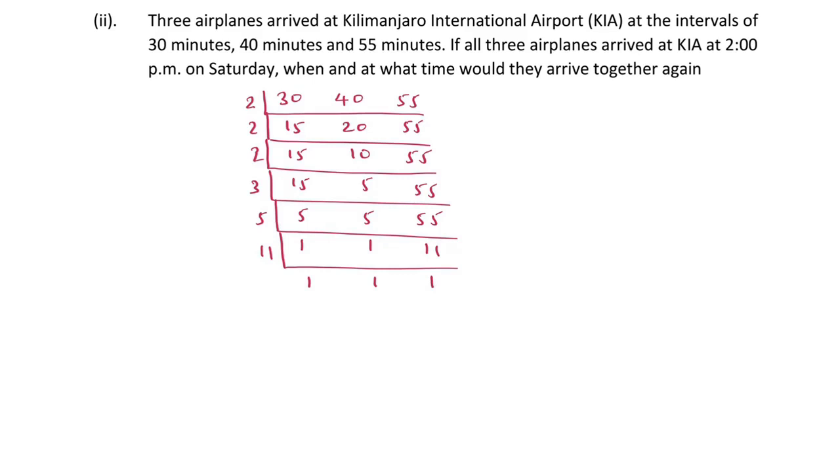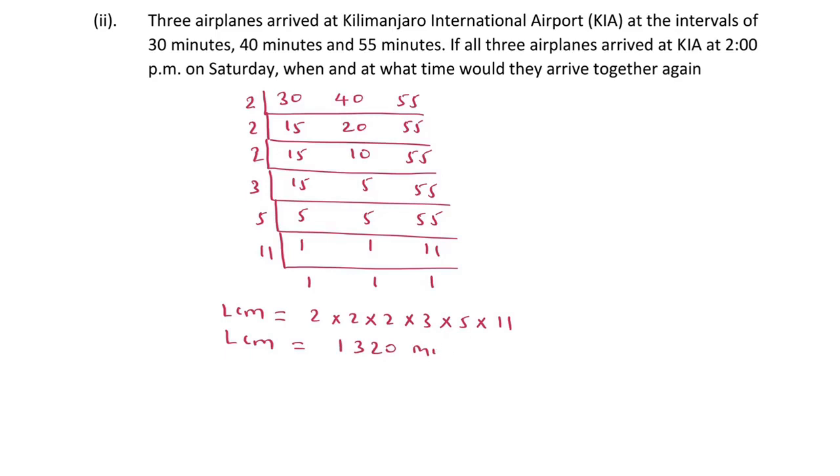Okay, so now to find their LCM, we are going to find the product of all the factors. So LCM is going to equal 2 times 2 times 2 times 3 times 5 times 11, of which after solving the values, we are going to have LCM equals 1320.